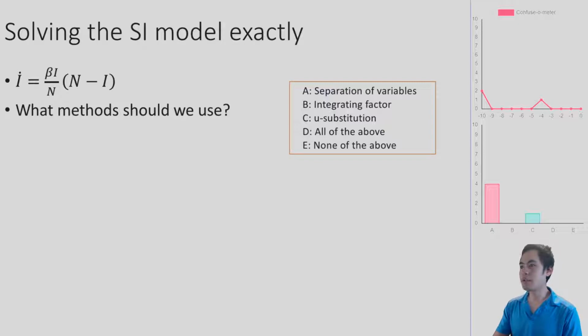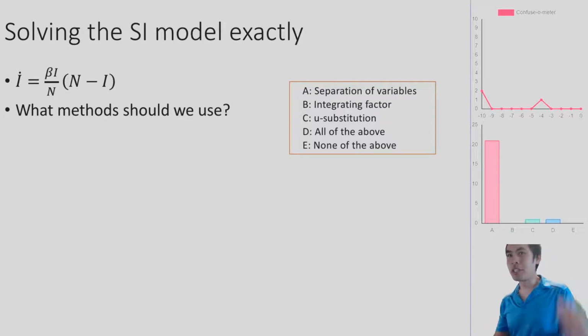Okay, so we have some u-substitution votes. We have some votes for separation of variables. Yeah. So it turns out that we can actually use any or all of these methods. They'll all work. It'll depend on what exactly you want to do.